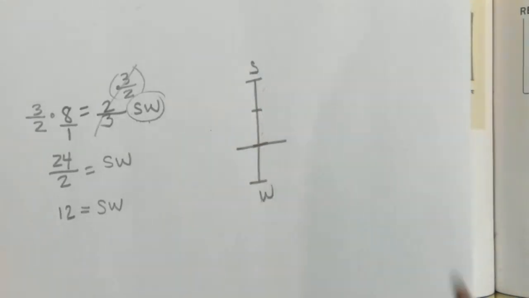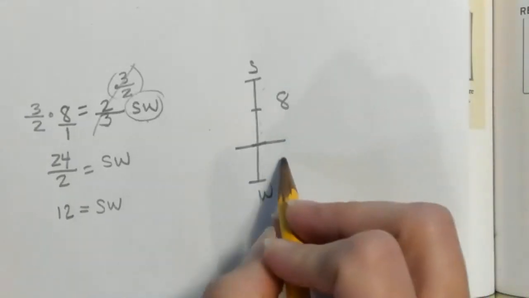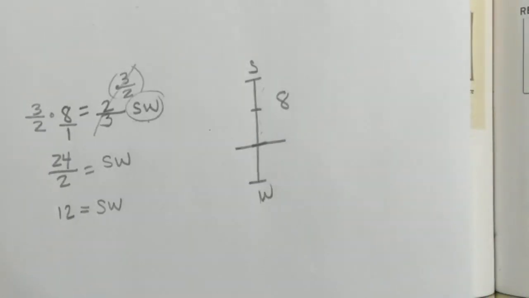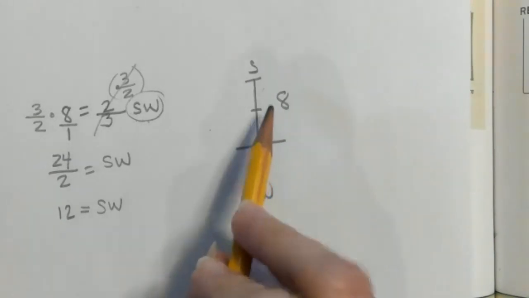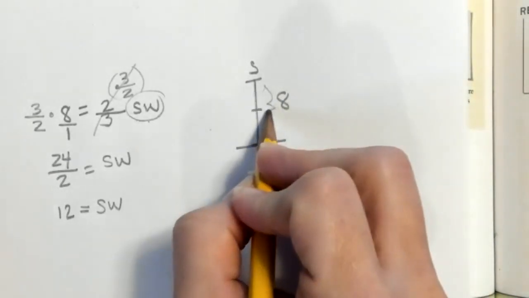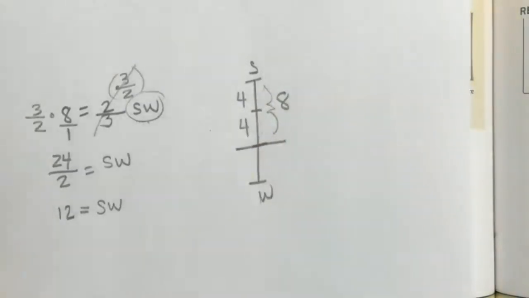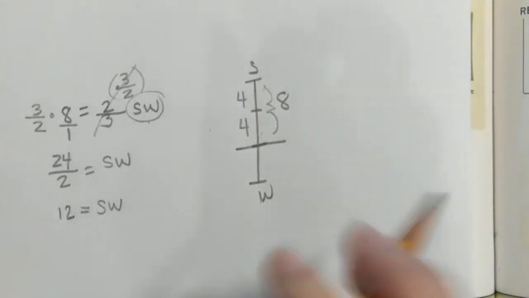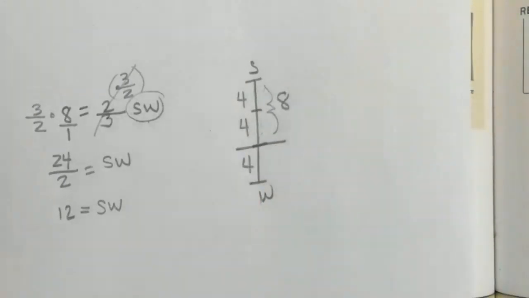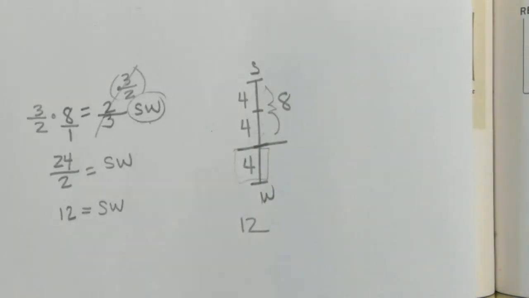This part here we know to be 8. We don't know what this part is. If 8 makes up 2/3, each part of this would be 4. So then we can say this part must also be 4. So our whole thing must be 12. Our missing part here is 4. That's a different way to solve.